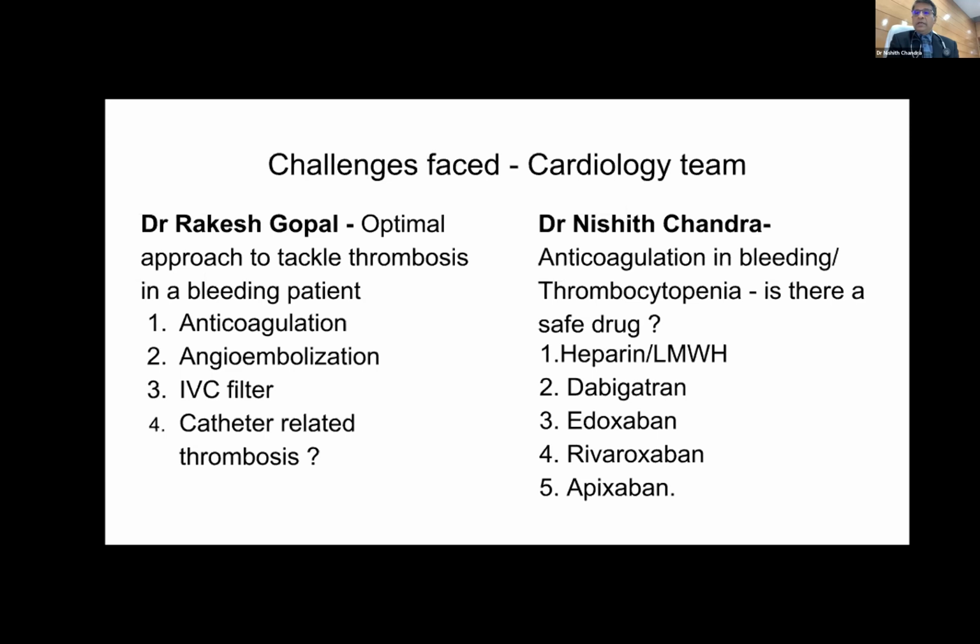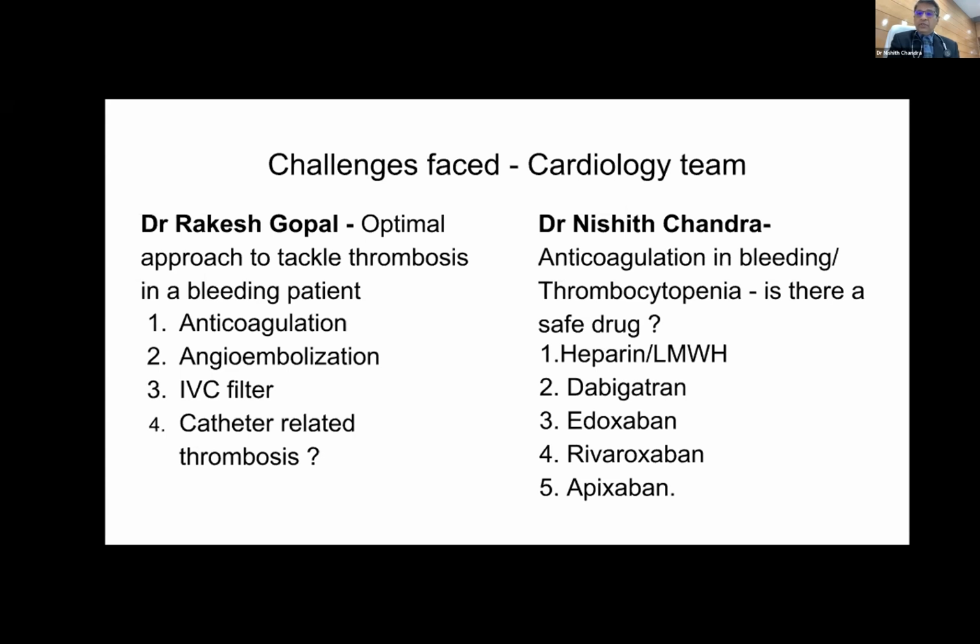But there is a lack of data on apixaban, rivaroxaban and dabigatran, which are available in the Indian market. So for the time being, we as cardiologists are comfortable: if the platelet counts are more than 50,000 and the patient is at high risk of VTE, then we put the patient on full dose low molecular weight heparin.